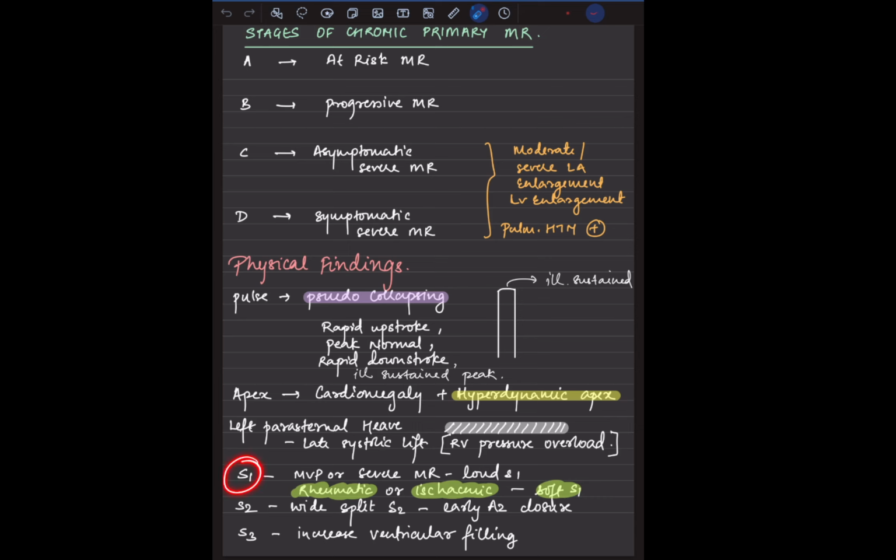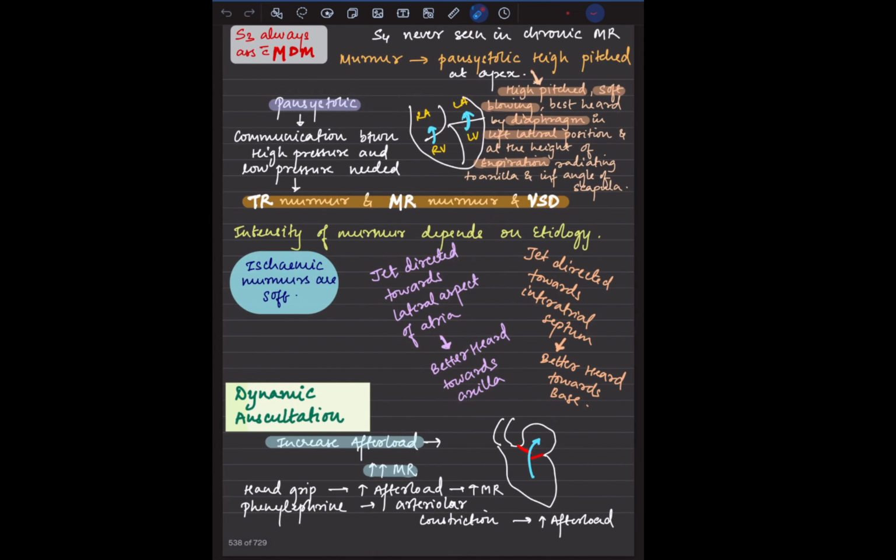When we talk about S1 in severe MR, there would be a loud S1, but if it is a rheumatic or ischemic cause, then it is actually a soft S1. S2 would be a wide split S2, and S3 will be increased. The S3 sound would be heard because of the increase in ventricular filling. Okay. Now, S3 is always associated with a mid-diastolic murmur. S4 is never seen in case of chronic MR.